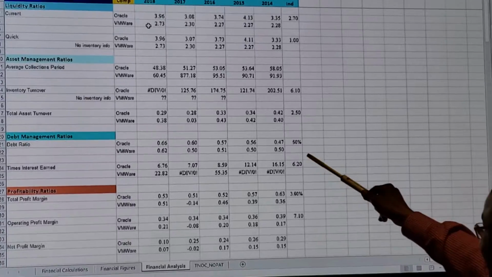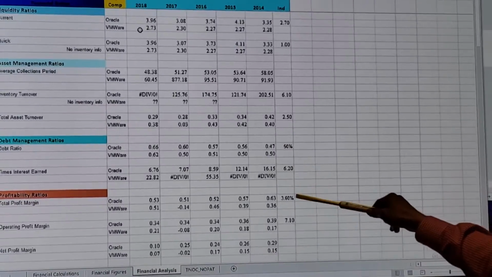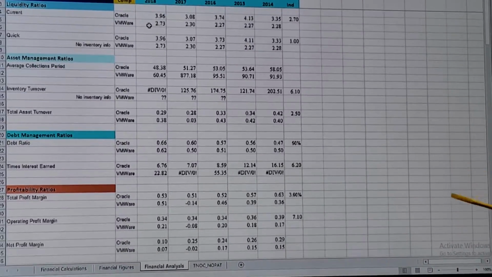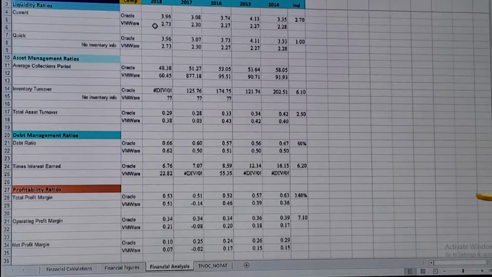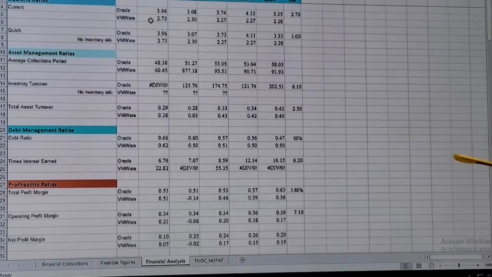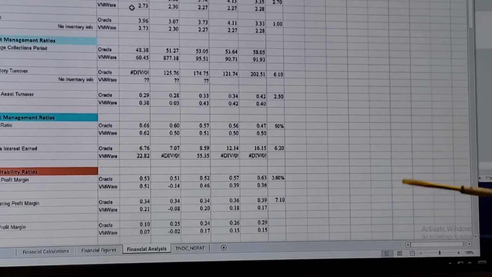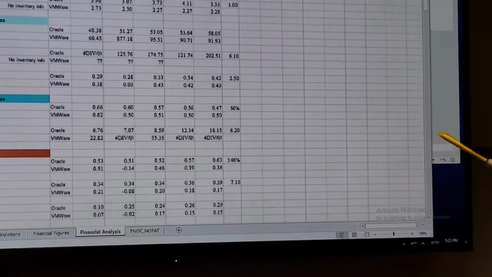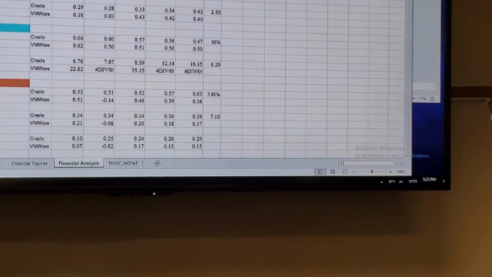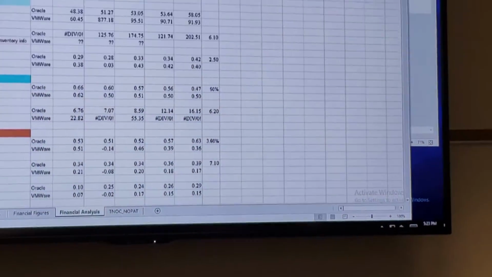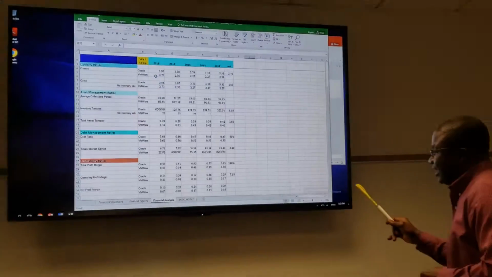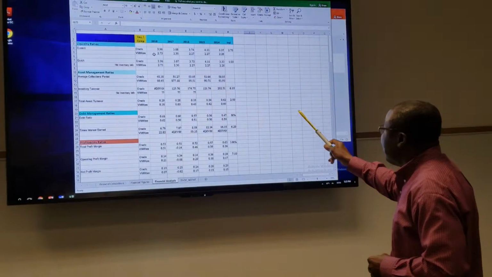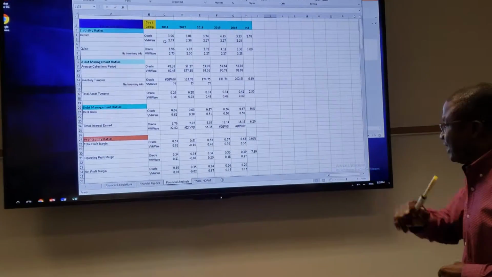Looking at it, you can see that the figure for Oracle is pretty much within the ballpark of the industrial average. Also, the same thing with VMware. And then there is a progressive, marginal increase in the debt ratio from 2014 to 2018.